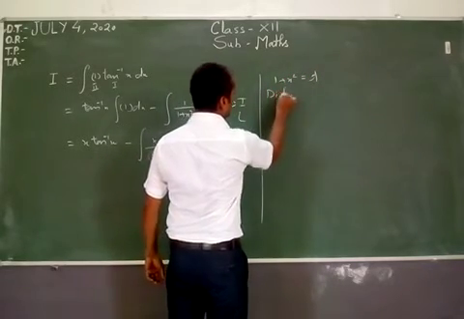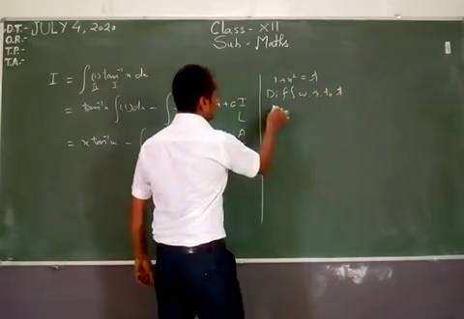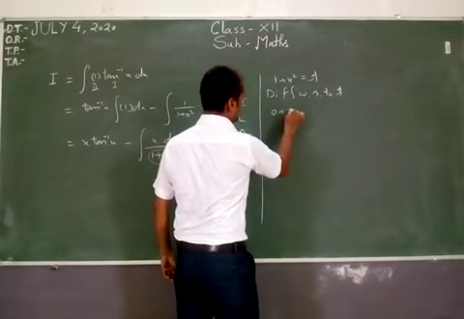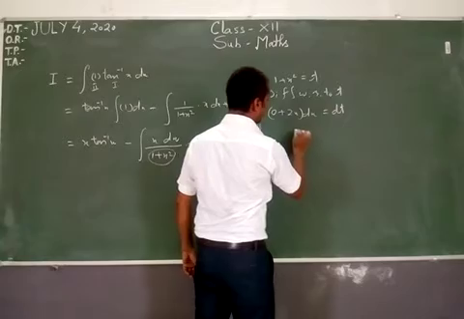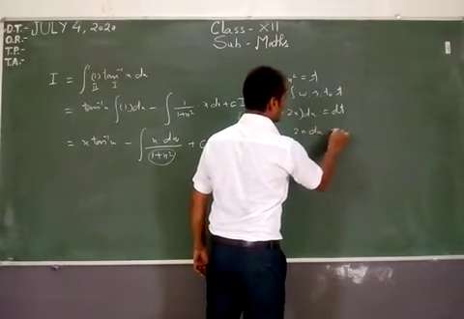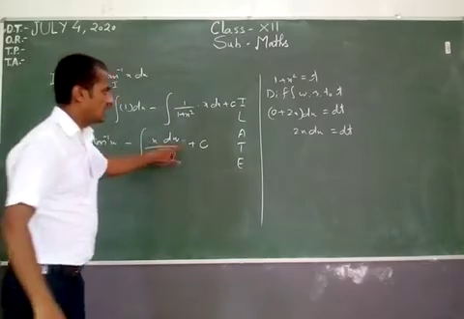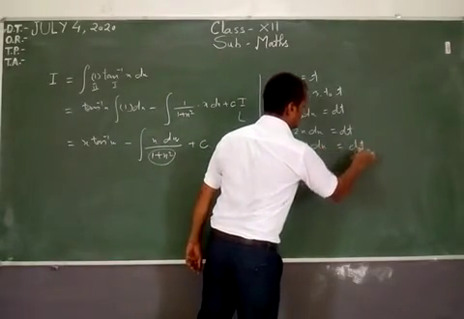Now differentiate with respect to t. The derivative of 1 is 0, the derivative of x square is 2x. We can write here 2x dx equal to dt, so the value of x dx is dt by 2.